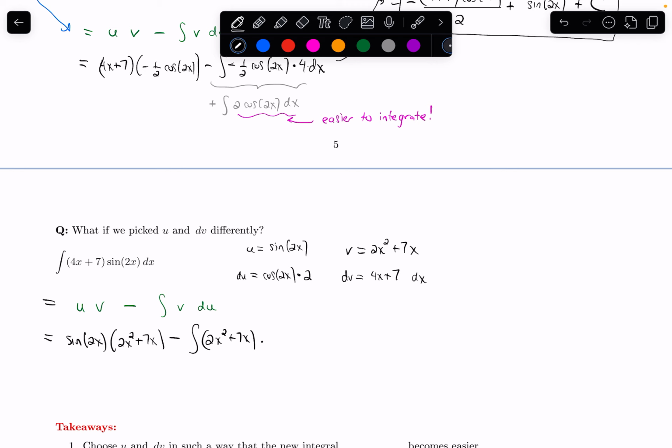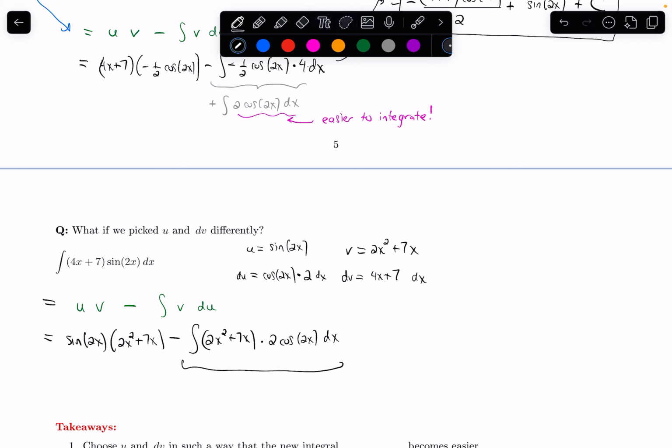And I'm realizing I made one small notational error. When I wrote my du, I forgot to write that dx at the end. I always have to write that dx. So du is 2 cosine 2x dx. I usually like to write the constant in front.